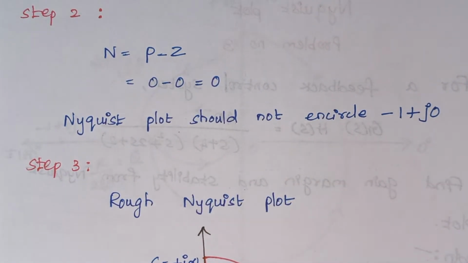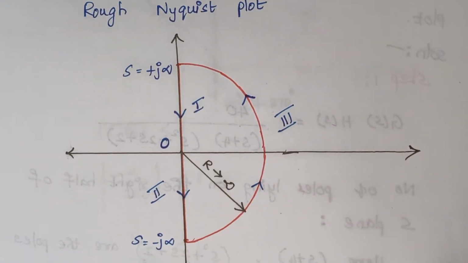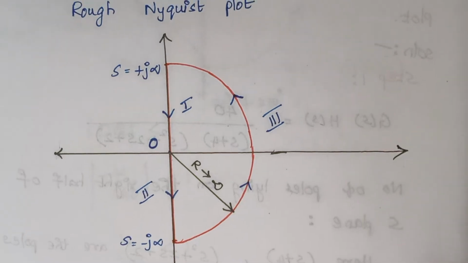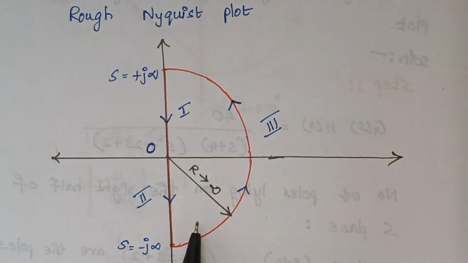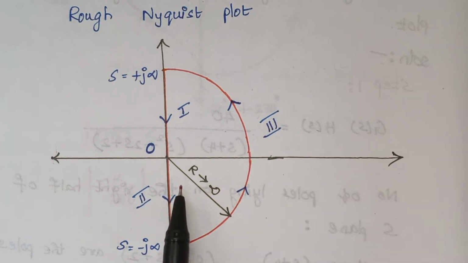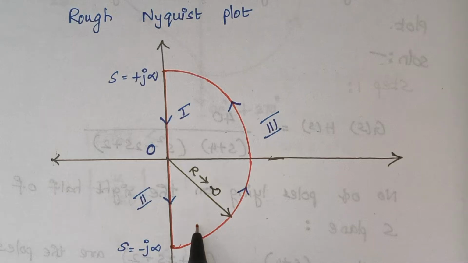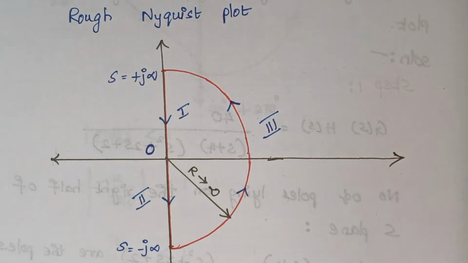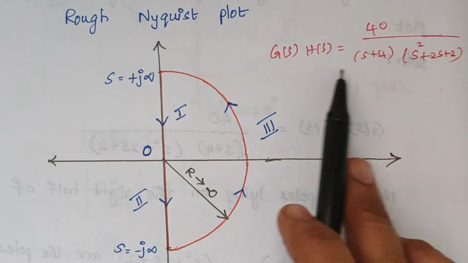Right. Next one is step 3, drawing a rough Nyquist plot. So this is our rough Nyquist plot. When you look carefully, there is a difference between our previous problem and this problem. In the previous problem there was a pole lying at the origin, but here there are no poles lying at the origin.